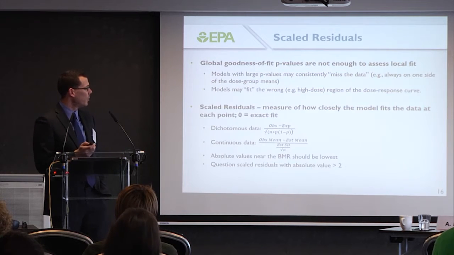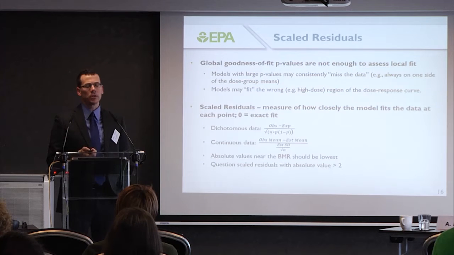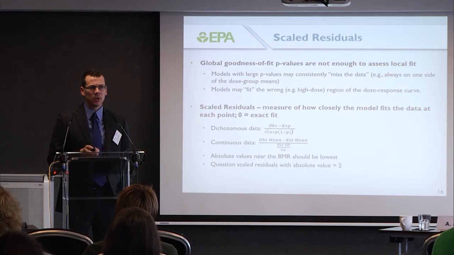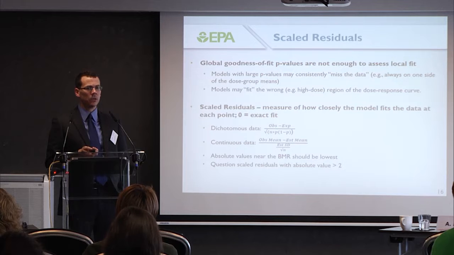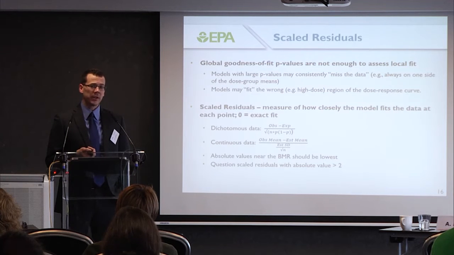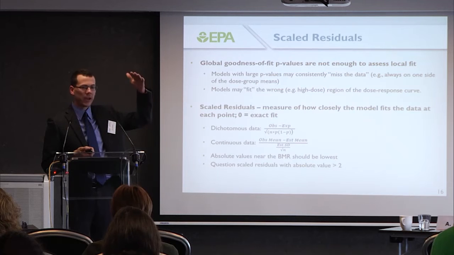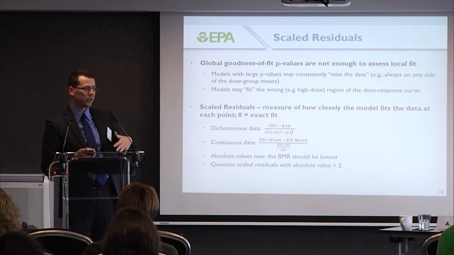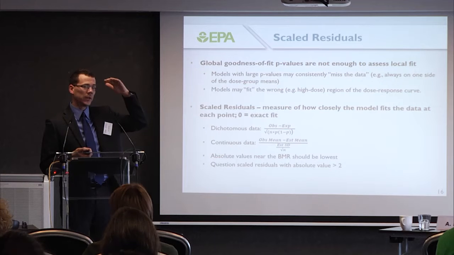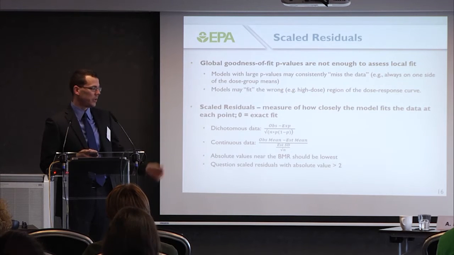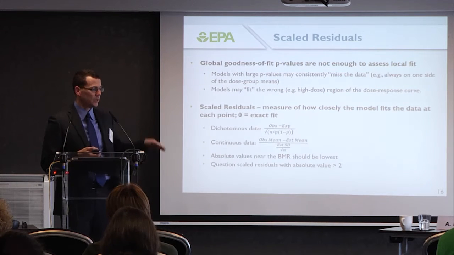A global goodness of fit p-value tells you generally how a model is fitting the data, but it doesn't tell you how it's fitting at individual dose groups. So you can consider a model that has a really good p-value for global goodness of fit, but it either consistently overestimates the observed responses or it underestimates the observed responses, or it fits the data really well in the high dose region to the detriment of the low dose fit.